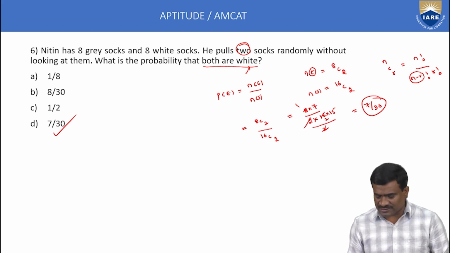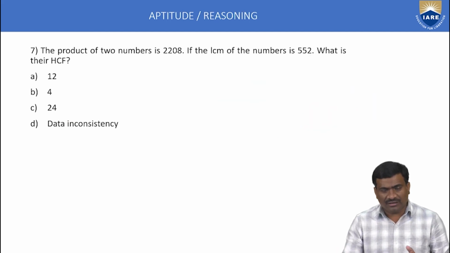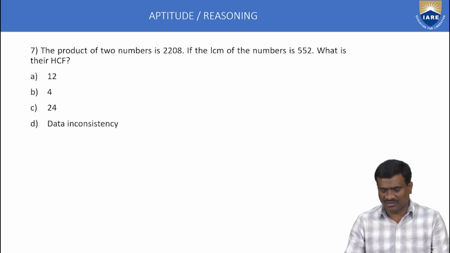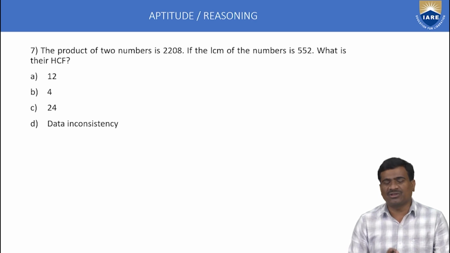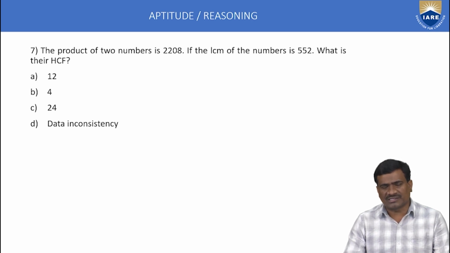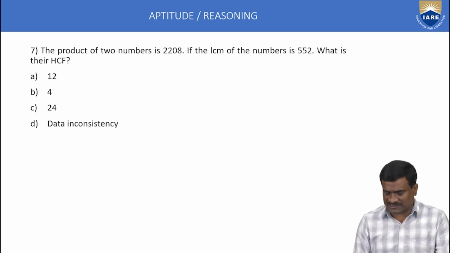Next, seventh example. Again, this problem belongs to LCM and HCF. The product of two numbers is 2208. If the LCM of the numbers is 552, what is their HCF? Method: the relation between LCM, HCF and the product of two numbers. Product of two numbers is equal to LCM into HCF.